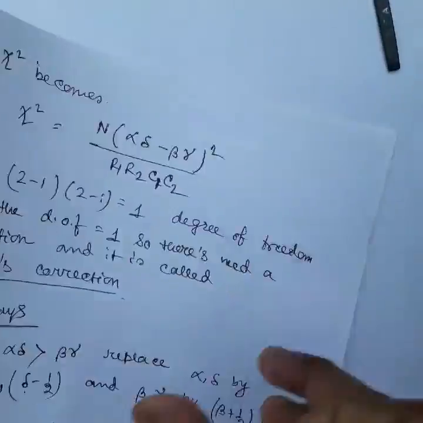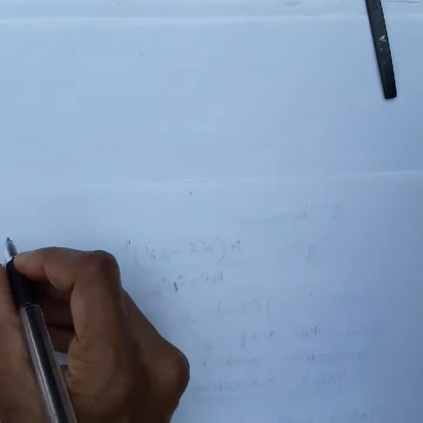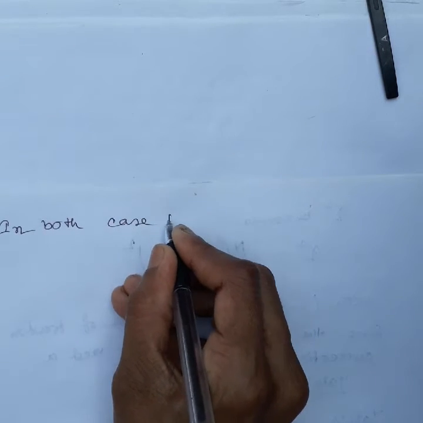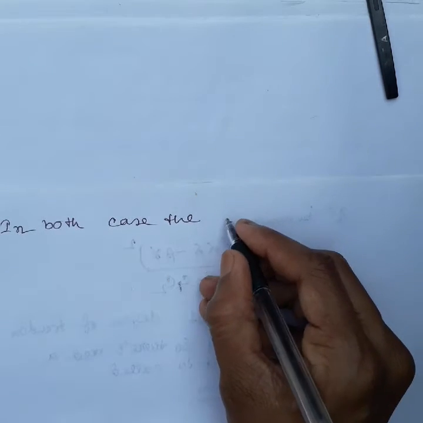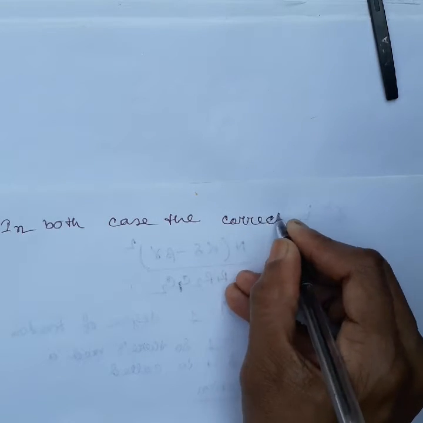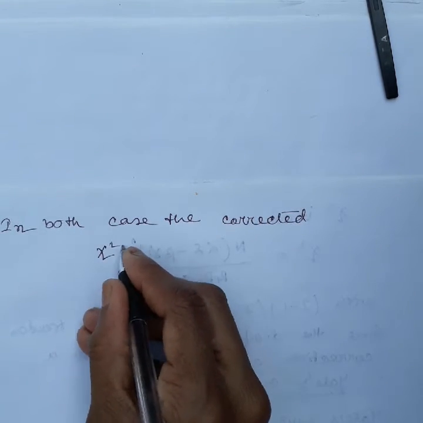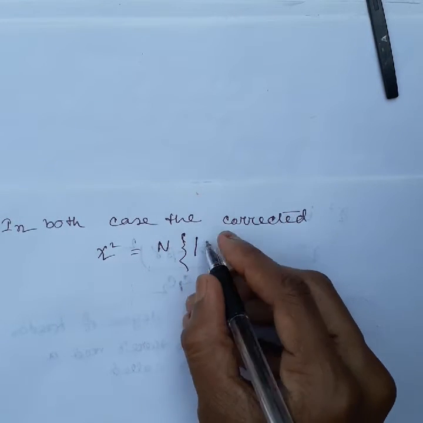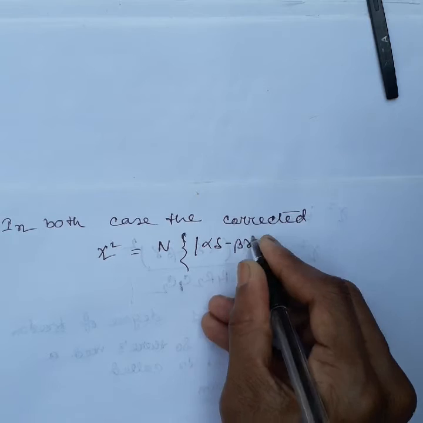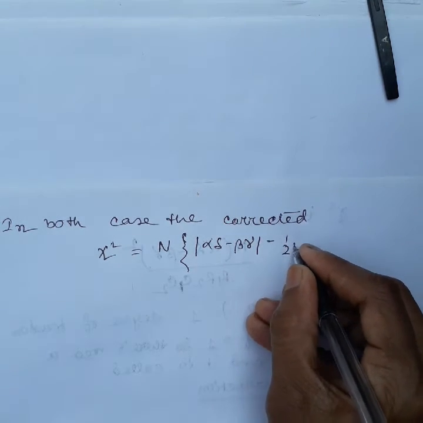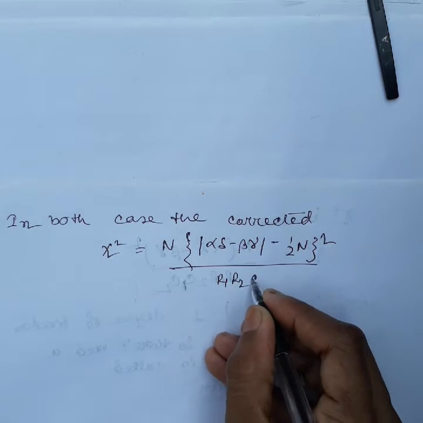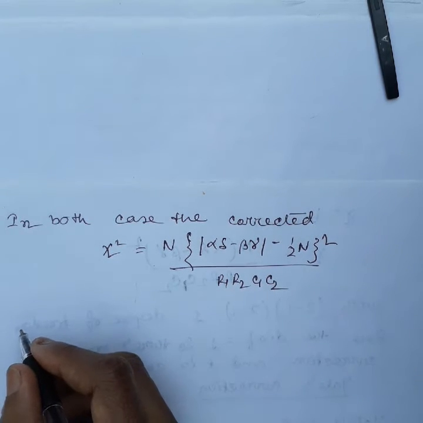So in both cases the corrected chi-square is equal to n into modulus of alpha delta minus beta gamma minus half n, whole square by R1 R2 C1 C2.